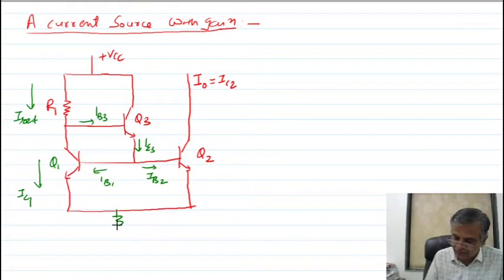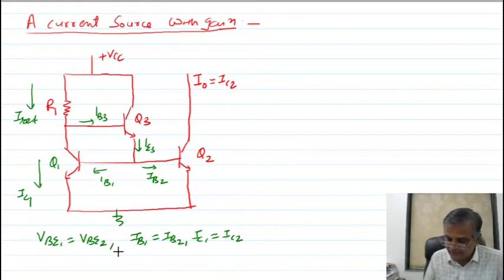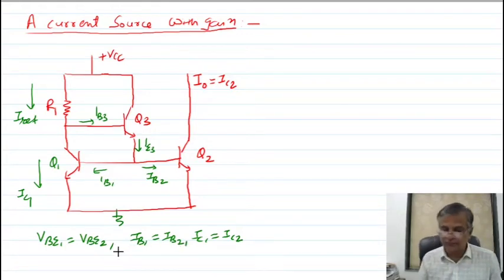This is the ground. So you can clearly see that VBE1 is equal to VBE2. Hence, both base currents are equal, so the collector currents are also equal. The circuit diagram itself tells you this.